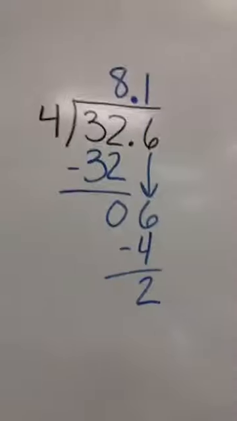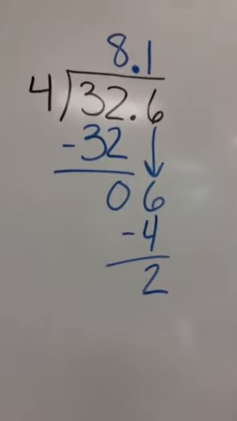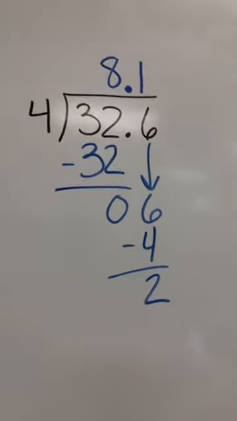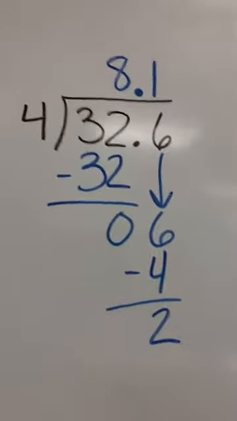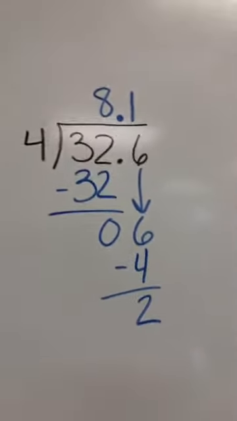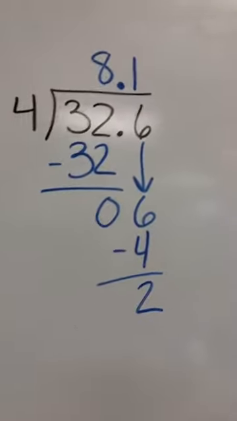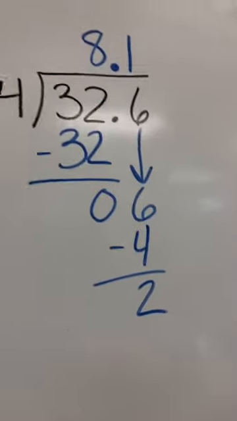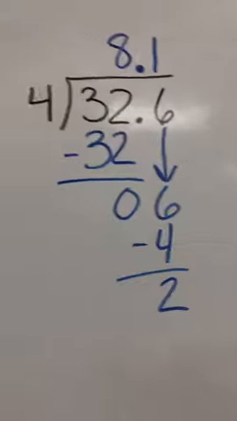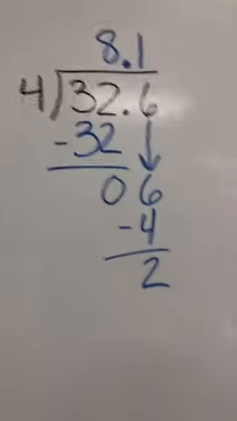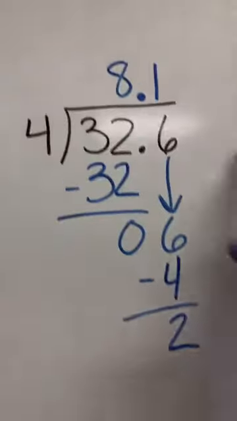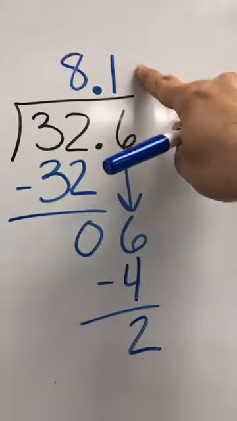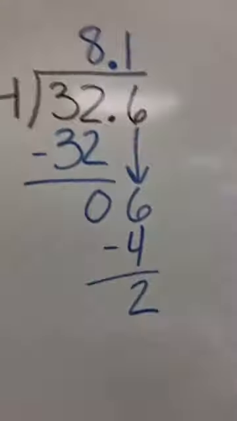It looks like we have a remainder of 2, but in 5th grade, you can't leave the remainder as a 2. You have to rewrite it as either a fraction or a decimal. In this particular lesson, we're going to rewrite it as a decimal. A lot of kids will make the mistake of thinking that the 2 just goes up here to become 8 12 hundredths, but that's incorrect.